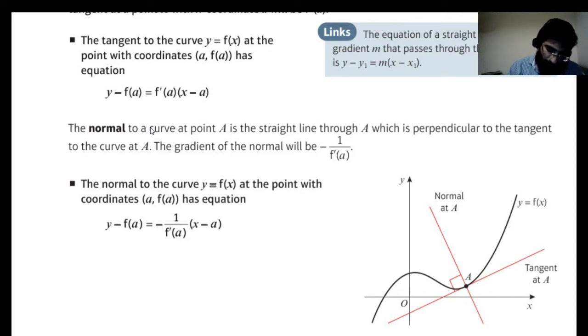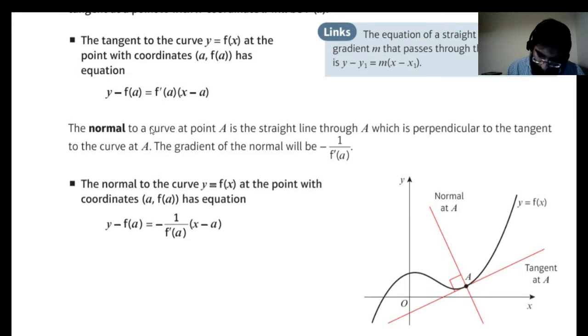Anyways, the formula is y minus f. If you have got a curve which is y is equal to f of x, and on that curve we go for a point a, so a comma f of a, because this is x1, y1, a point on it.